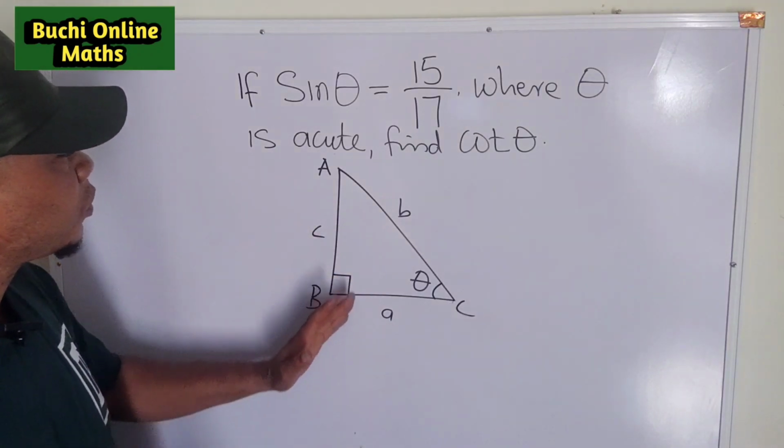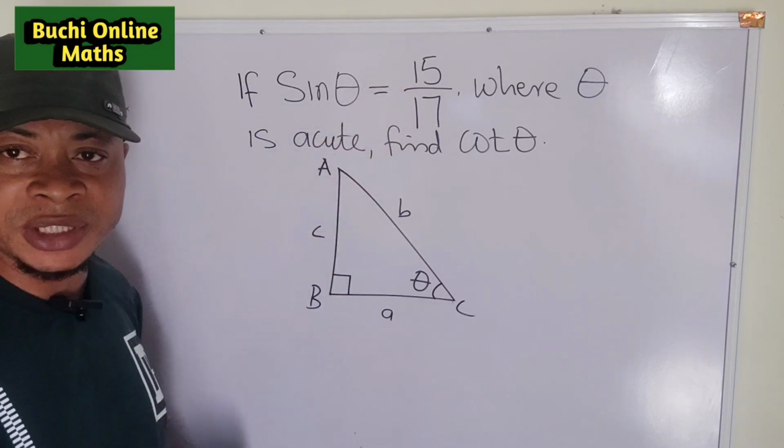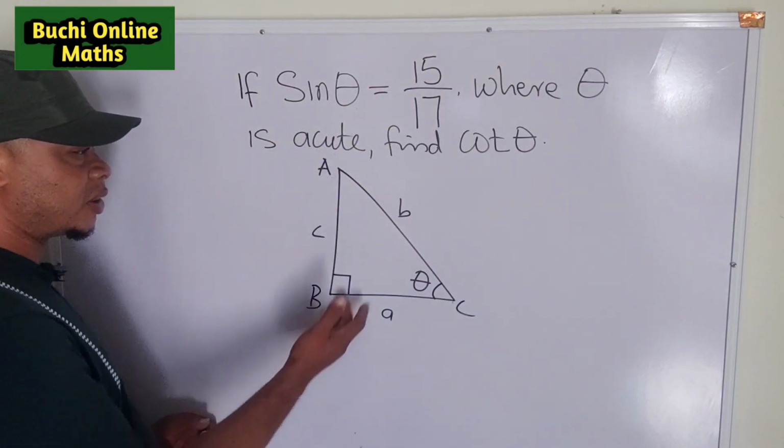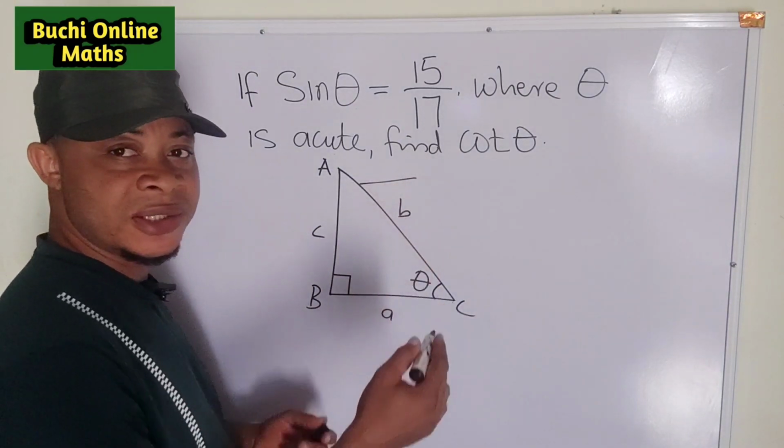Now here, we have that sine theta equals 15 over 17. And remember that in this diagram, the hypotenuse is the longest side.